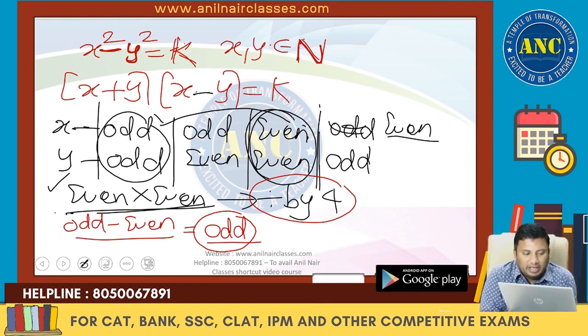Again I am explaining. Odd plus odd, even. Odd minus odd, even. One even number is 2k1, another even number is 2k2. 2k1 into 2k2 is divisible by 4. If x is even, y is even, even plus even is even, even minus even is even, and even into even is divisible by 4.